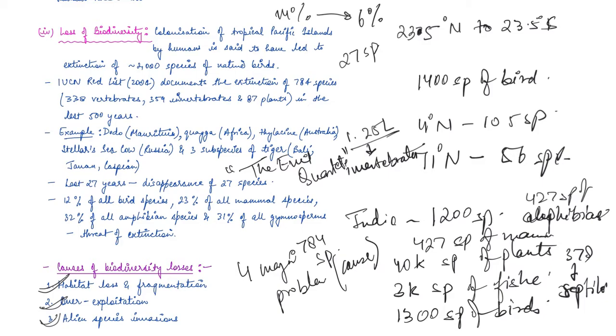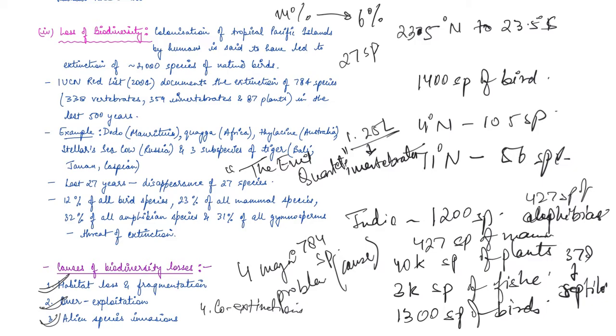In a similar way, there are many examples which led to extinction of species because of introduction of certain alien species to that area. Then the fourth reason is co-extinction. When a species becomes extinct, the plant and animal species which are associated with it in an obligatory way also become extinct.